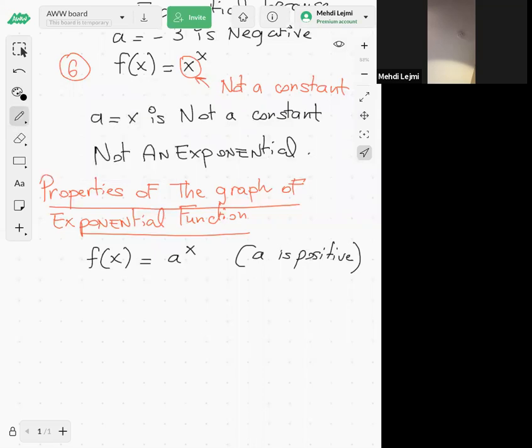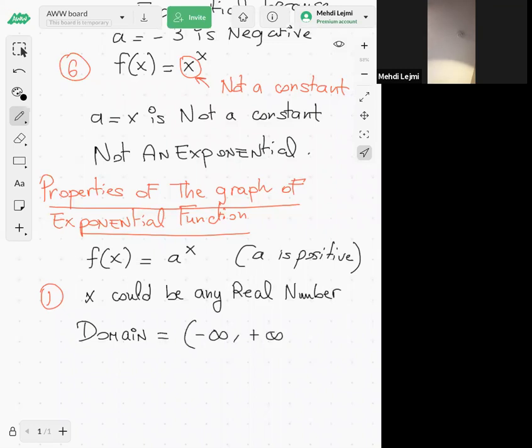The first remark is that x, and of course A is a positive number, could be any real number. So there's no restriction on x. The domain would be the whole number line, so it's negative infinity to positive infinity.